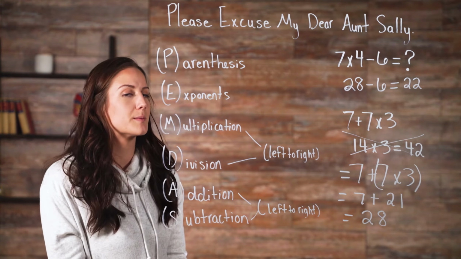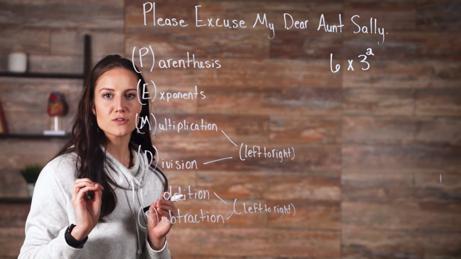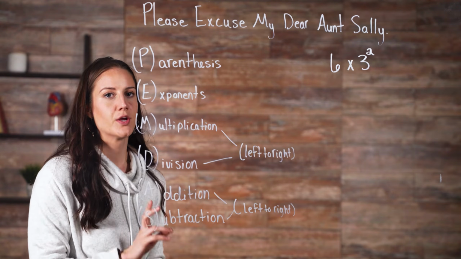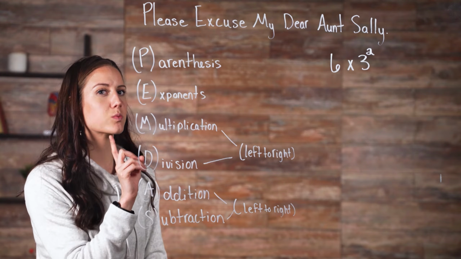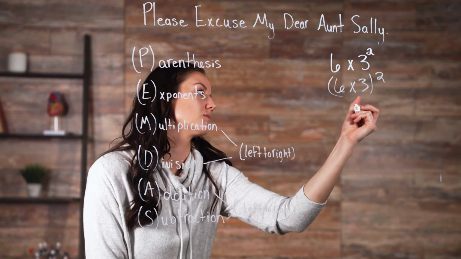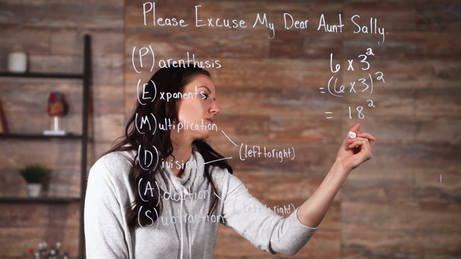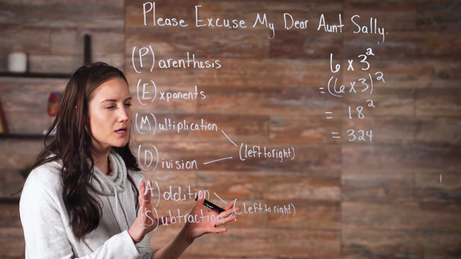Let's look at some more complex problems. The order of operations dictates how to solve this problem. Remember, you multiply exponents first. Here's the wrong way to solve the problem. Why is that wrong?